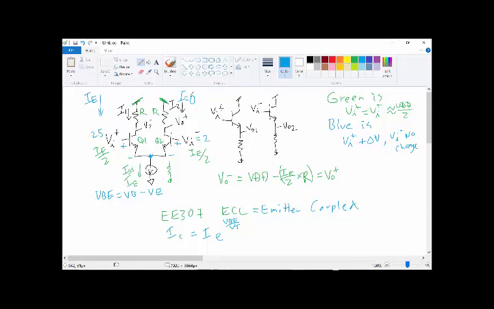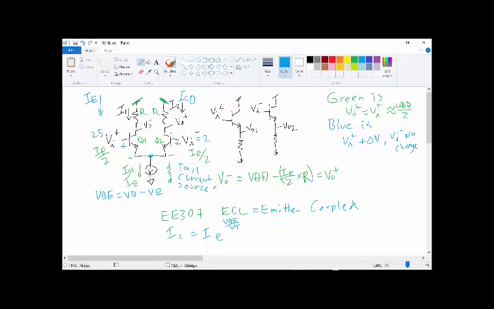Because just changing this VBE a little bit turns up the current so much, the current gets steered over to the left side. So this is a current steering logic family. It's still the same amount of current going through the circuit. This is called a tail current source. It's constant. The only thing that changes is whether that current is going through the left side of your circuit or the right side.